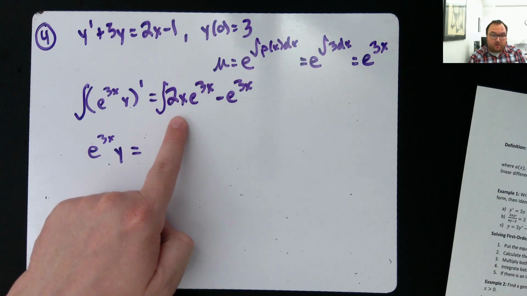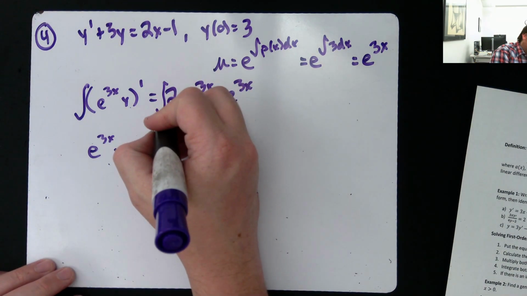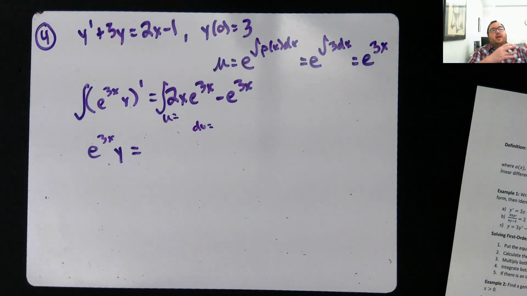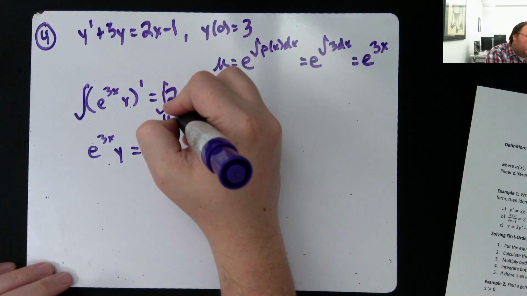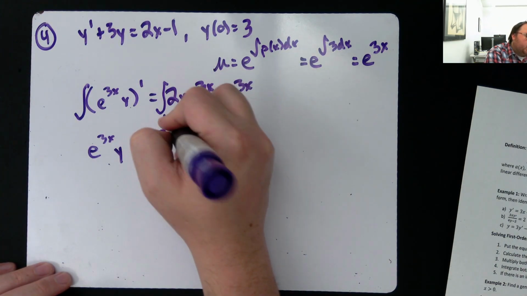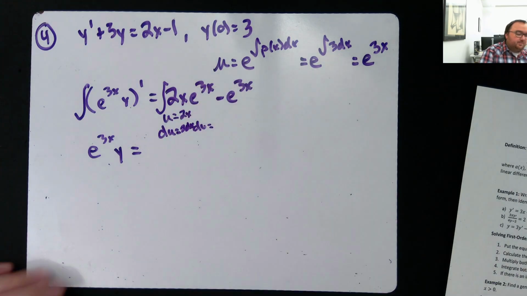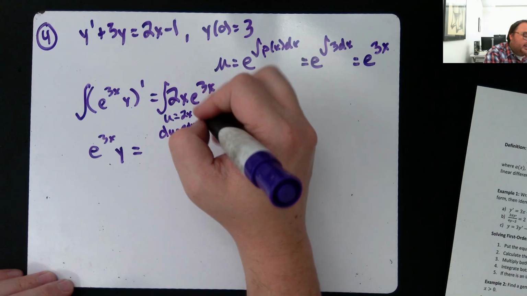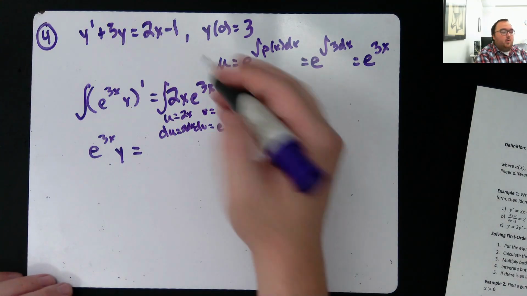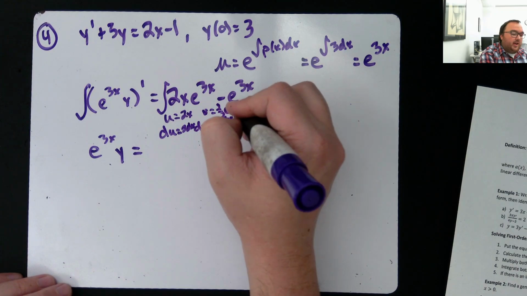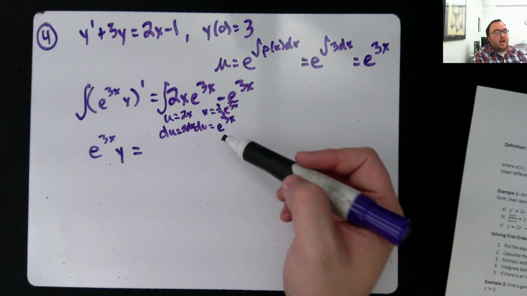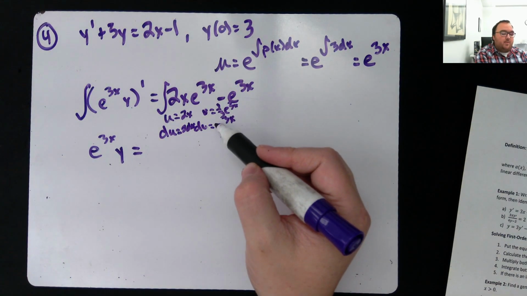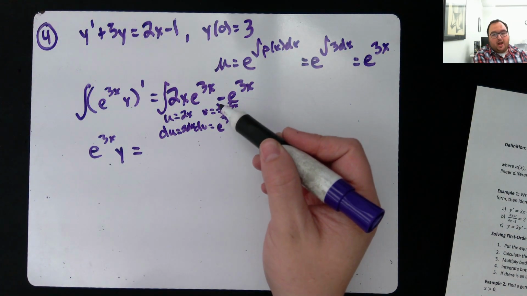this by parts. Remember, by parts, we need to pick a u and a dv. I always want it to break down, right? So I'm going to pick u to be 2x because then the du is just 2 dx. And then dv, e to the 3x, antiderivative of that would be 1/3 e to the 3x, because in order to have e to the 3x, I must have had a 3 there, but I don't have a 3, so I put a 1/3 out front.